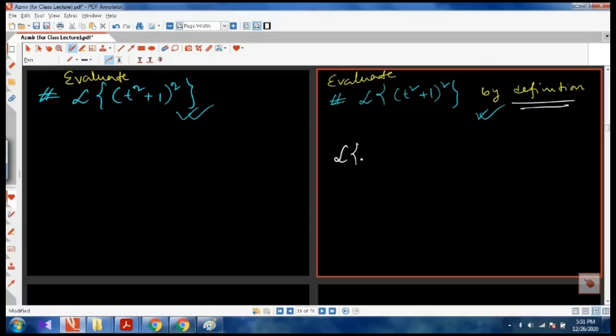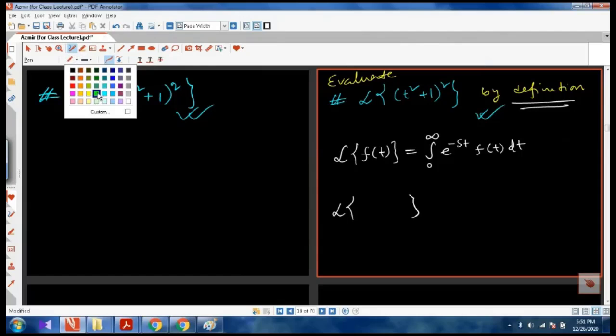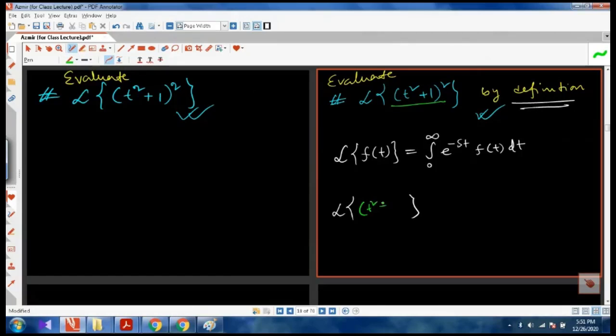We know that the Laplace transformation of f of t is an improper integral from 0 to infinity e to the power minus st f of t dt.